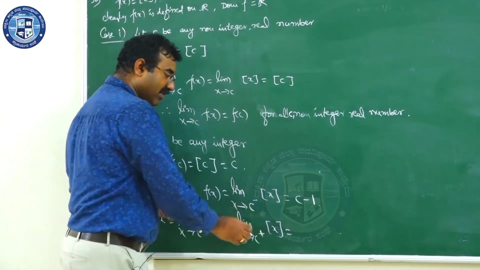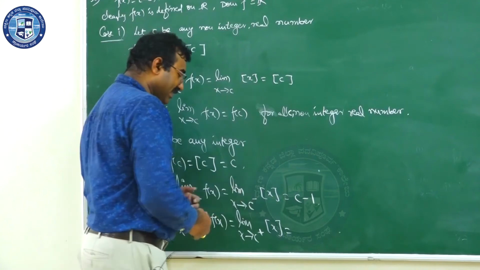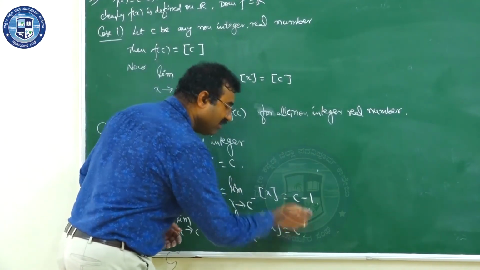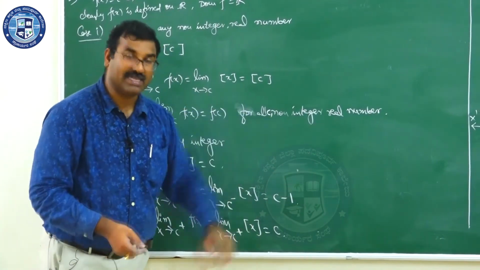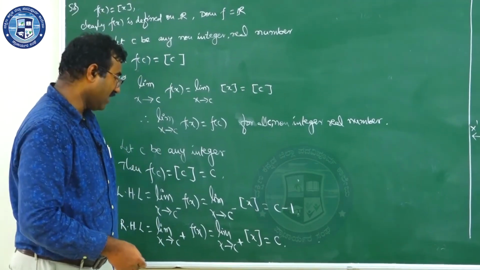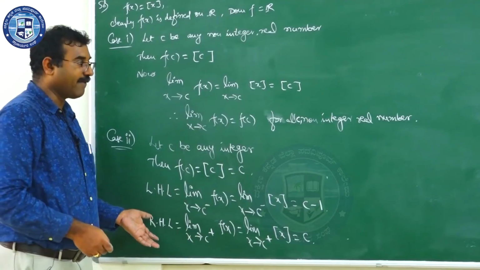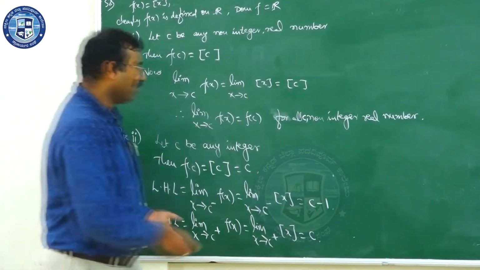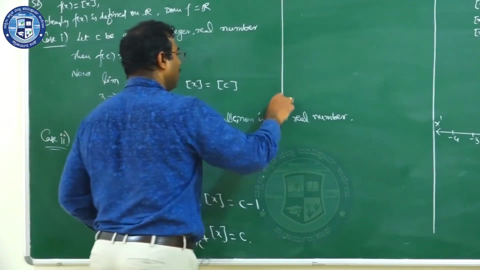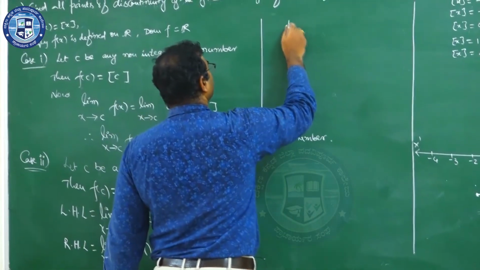So the box gives always the nearest lesser integer, no? That's why you get the value c here. Always compare with the example I told you there at 2. Okay, you are getting c. So it's very clear the left hand limit is not the same as the right hand limit. So what can we conclude now? LHL is not the same as RHL.